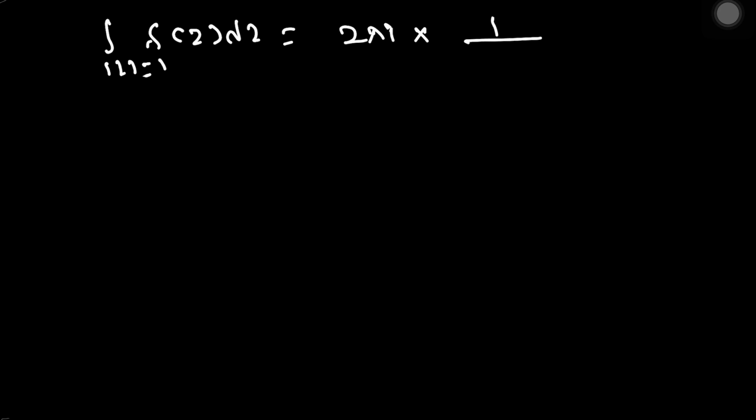So the integration becomes 2πi times the residue. The residue is 1 by (k minus 1) factorial.